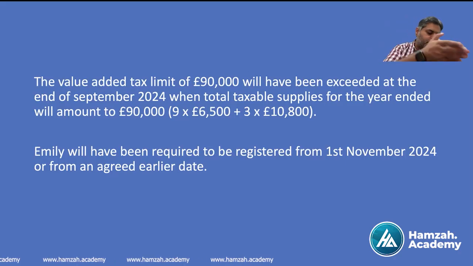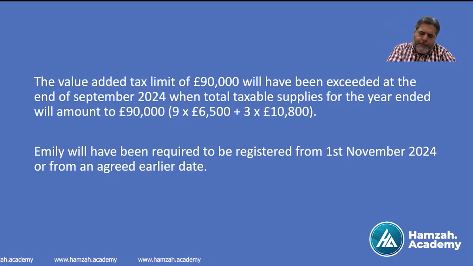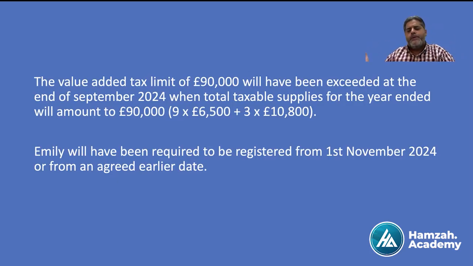For example, if you reach the limit on 30th September, you have a 1 month grace period. 1 month is allowed by HMRC to sort your paperwork and get yourself registered. And then from the start of the next month you have to be registered. So if you breach the limit in September, October is the grace month, and from 1st November you will be considered registered for VAT purposes, right?